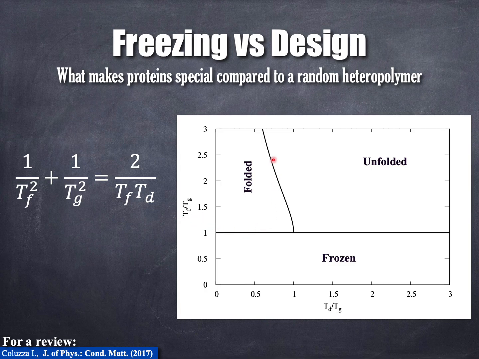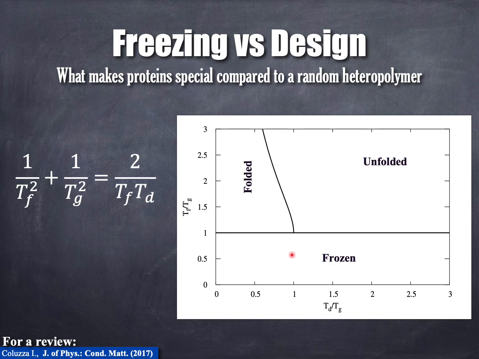So the sweet spot for heteropolymer design and folding is for design temperature well below the glass transition temperature, and for folding temperatures well above the glass transition temperature. Of course, if the temperature is too high, we cross this boundary region where we go from a folded state to an unfolded state.